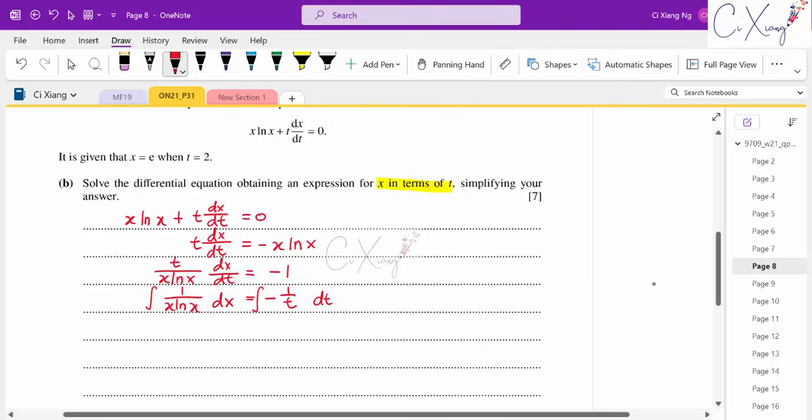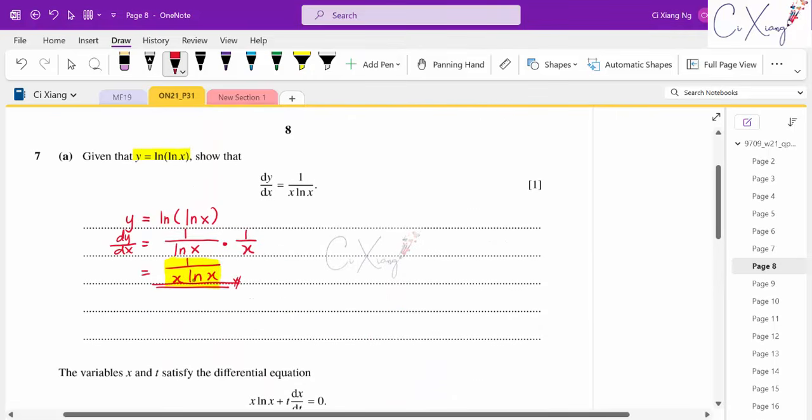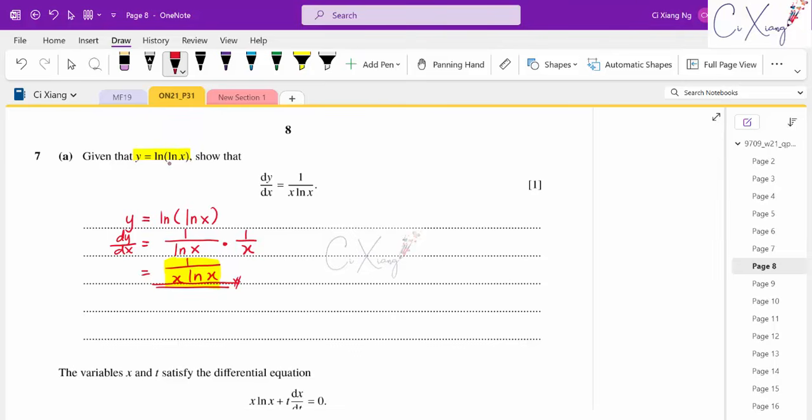Okay. Alright, so now let us integrate the equation on both sides. How to integrate 1 over x ln x? We need to refer back to our first part. You can have a look at when I'm having y equals ln x, when you differentiate, it will become 1 over x ln x.